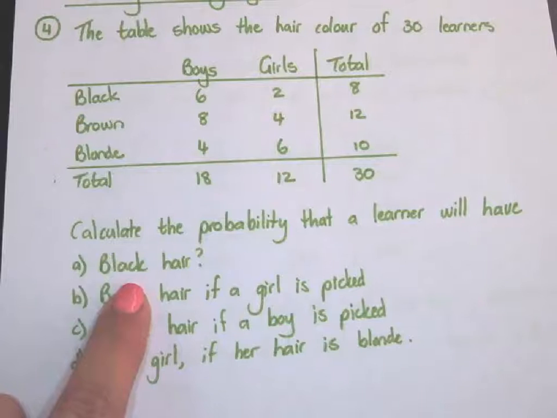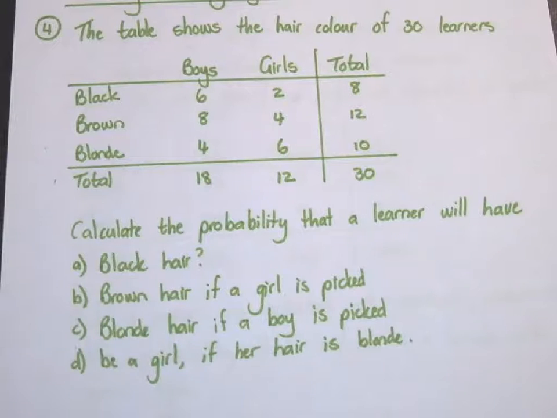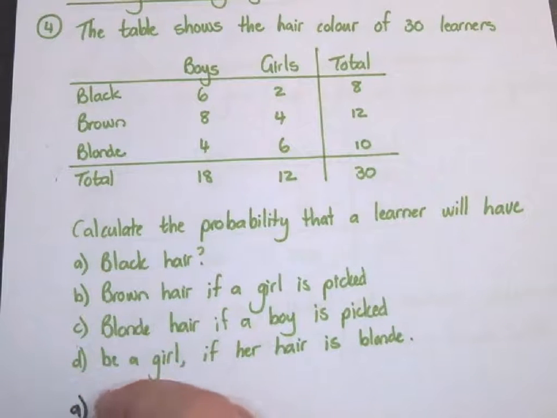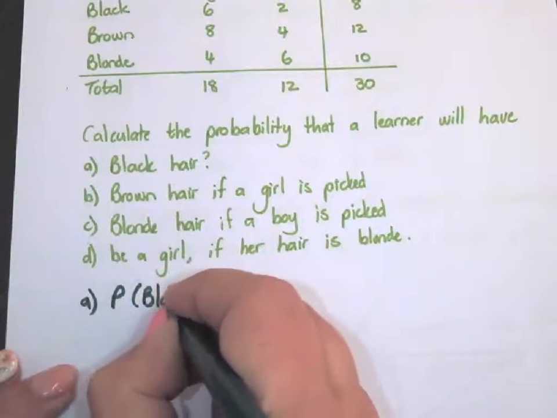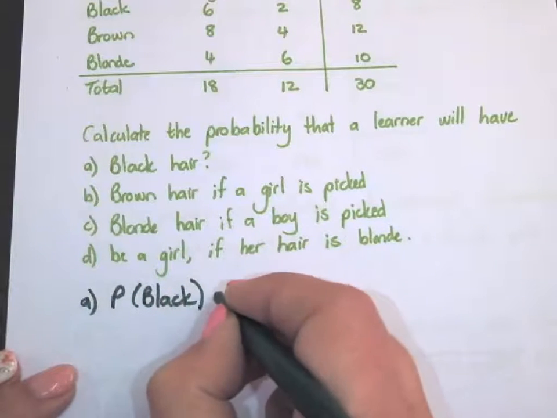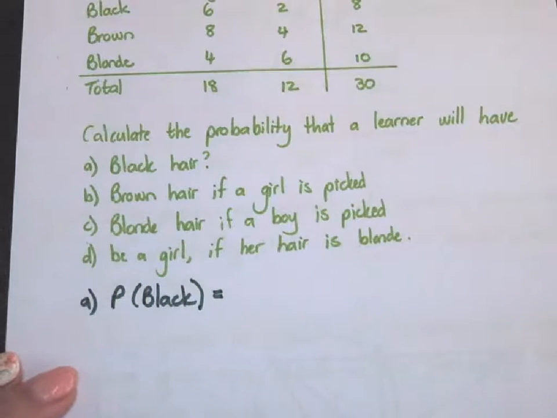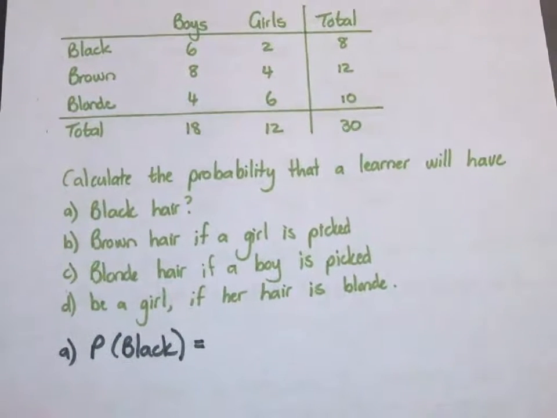Our first question is, calculate the probability that the learner will have black hair. So number A, probability of black. They didn't say whether it was a boy or a girl. They just asked the probability of black hair.